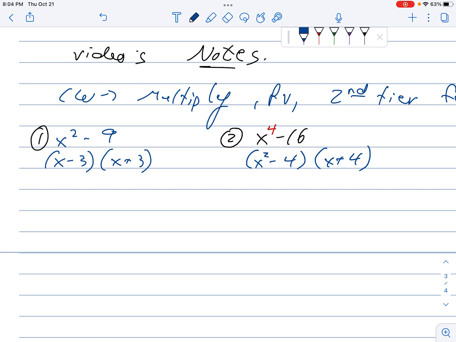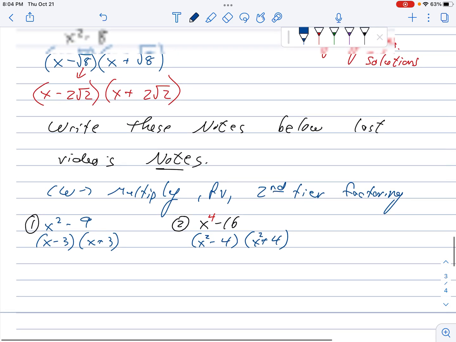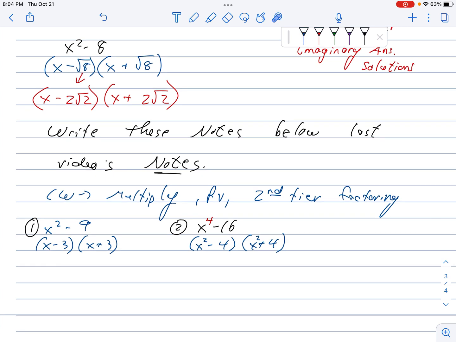X to the 4th square rooted is x squared. Now these two are different because this is x minus 3, x plus 3. This is x squared minus 4 and x squared plus 4. So when I go from x squared, I drop it down to x and x. X to the 4th, I drop it down to x squared.